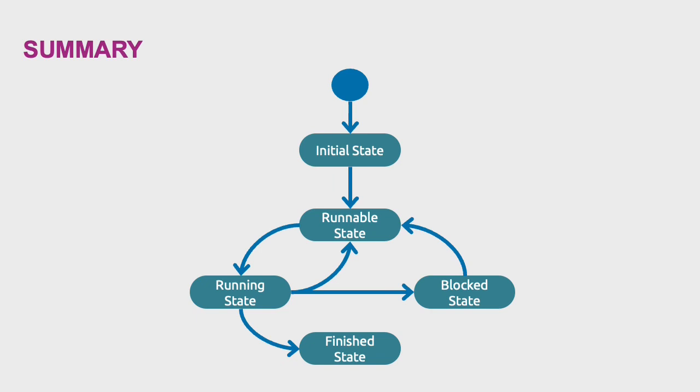So when you finish your I/O operation, or when the synchronization operation enables you to access resources that are held by another thread, you can move again to the runnable state, and you can be scheduled for your next CPU time slice.